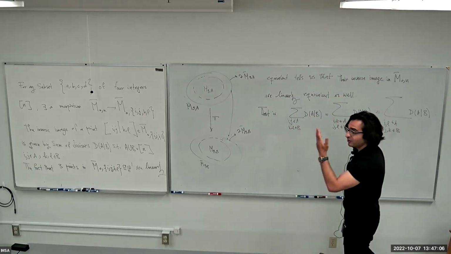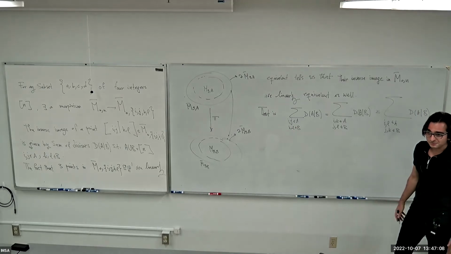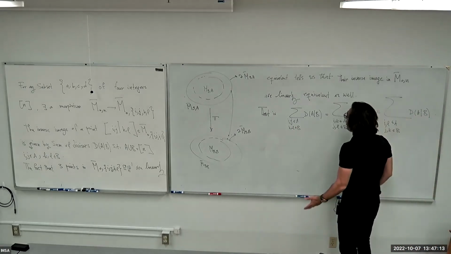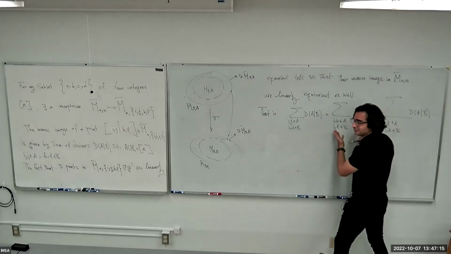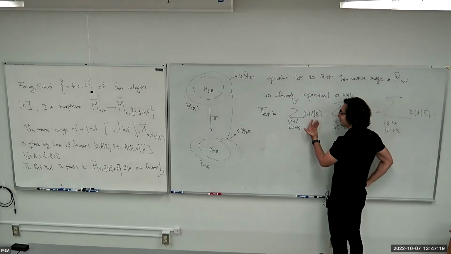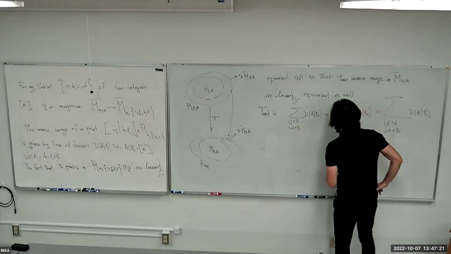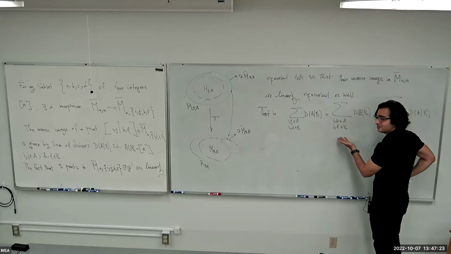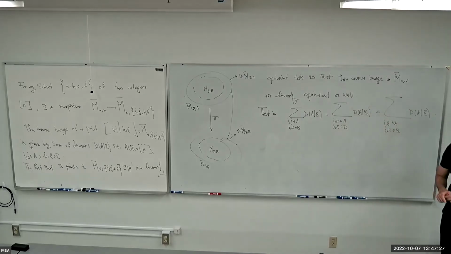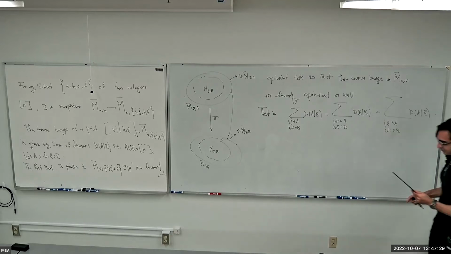The preimages up there are also going to be divisors because this is a projection, and so those divisors are also going to be linearly equivalent. All the possible ways that you can partition n into A and B with this condition is the same as all the possible ways this is the case and all the possible ways this is the case. So this is how you would understand M0n.